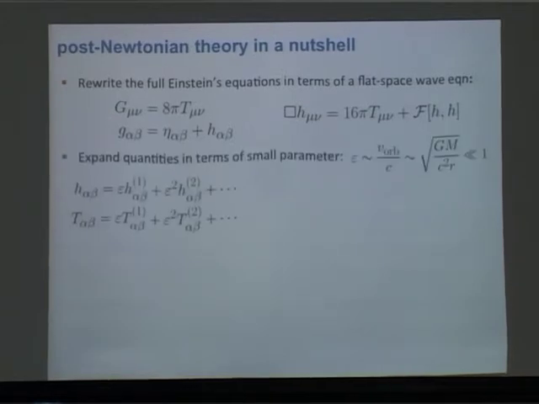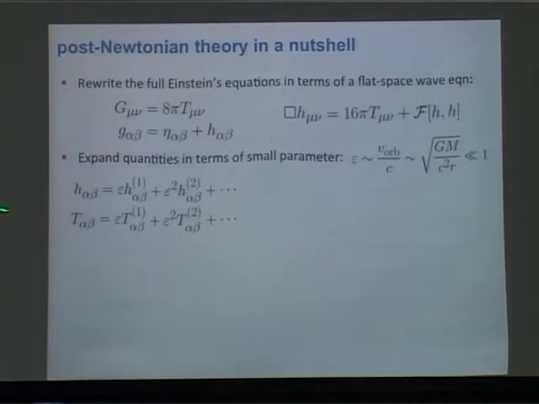But then what you do is expand this perturbation in some small quantity, which you can basically take to be the speed of light or the mass divided by the separation. The actual procedure is a little bit more subtle than I'm describing here, but just bear with me.